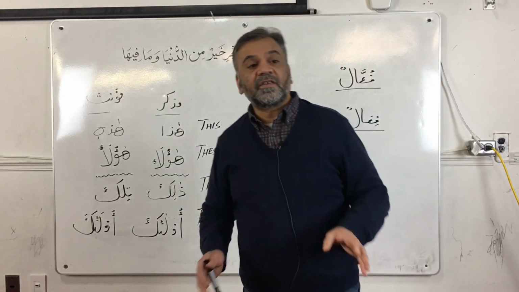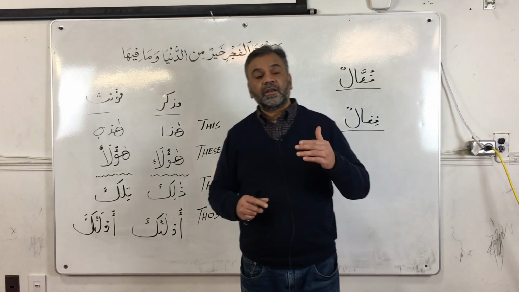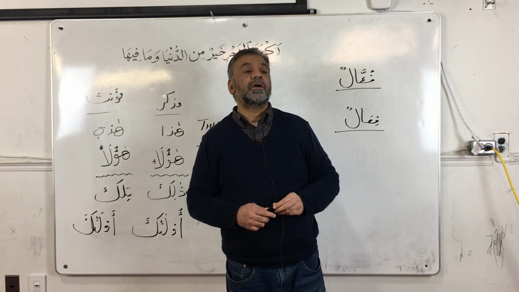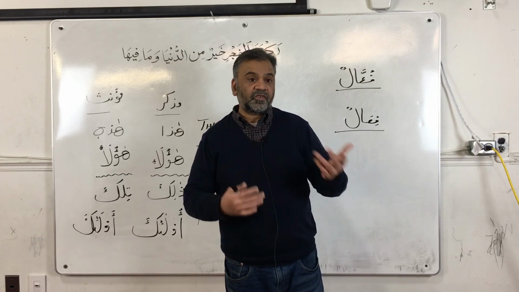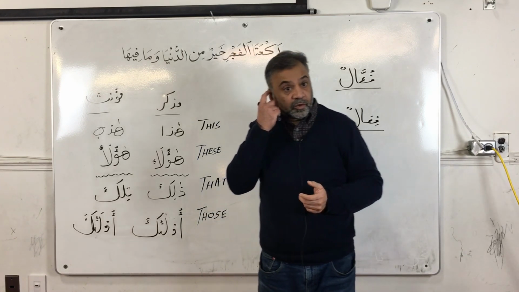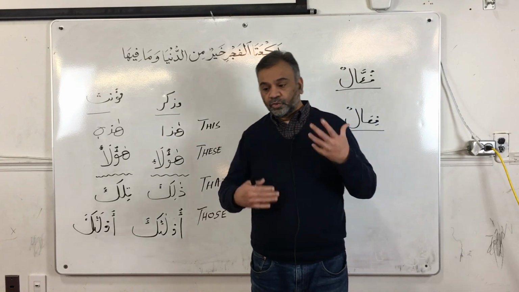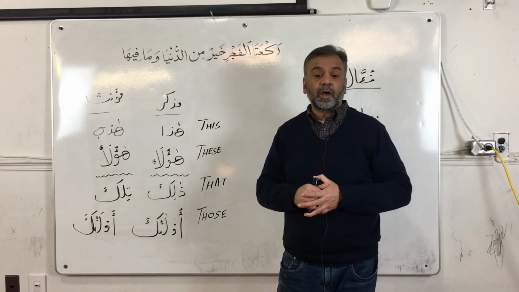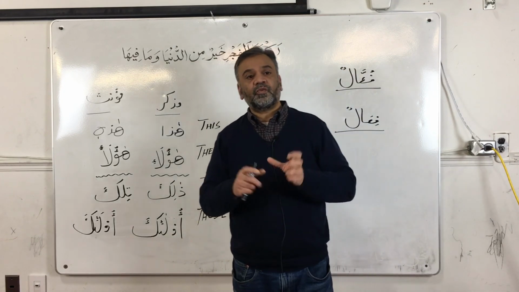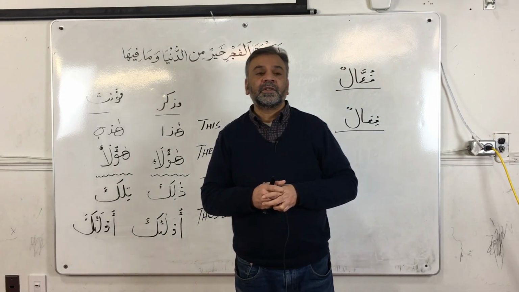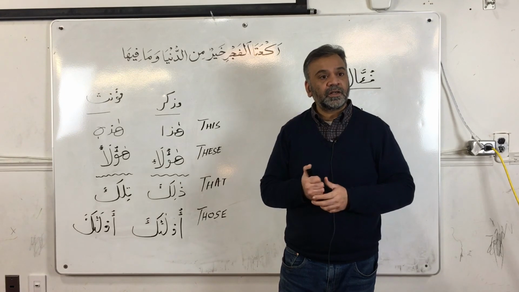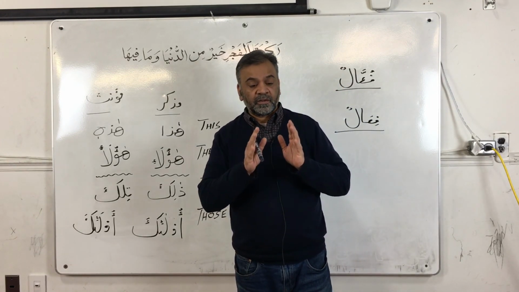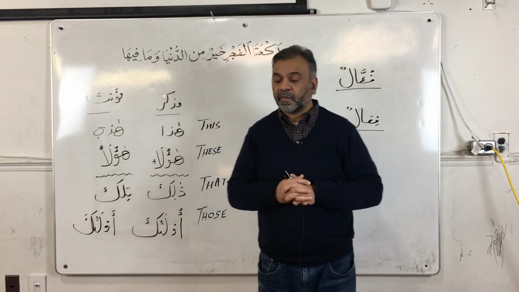This is a lengthy lesson, and we will take a couple more classes or maybe more, because we will try to bring some examples from the Quran, inshallah, to ponder upon and observe these broken plurals in action. But we'll take our time, inshallah.